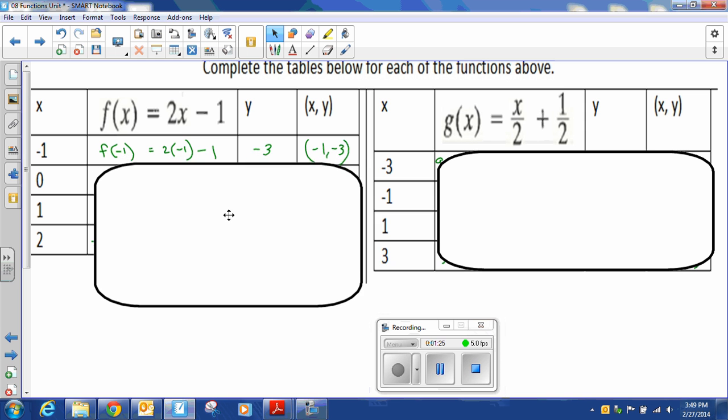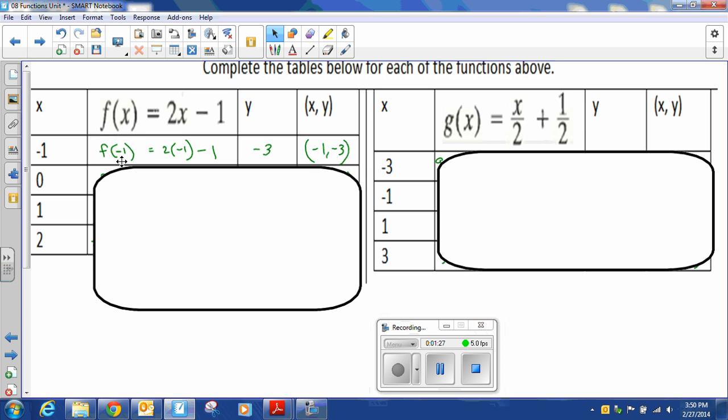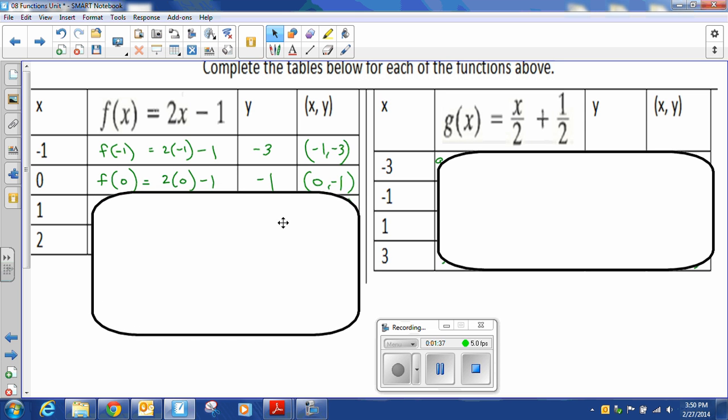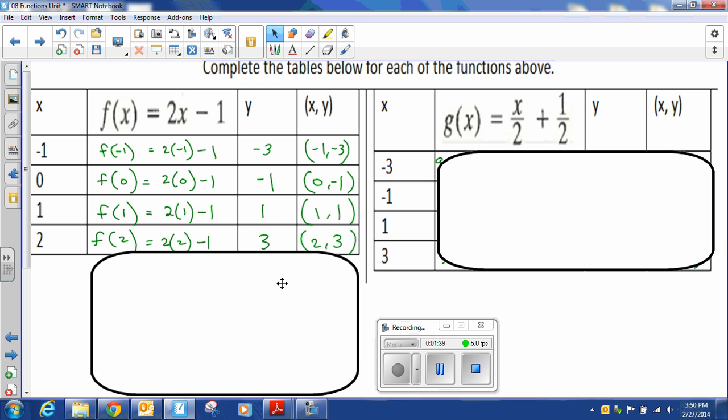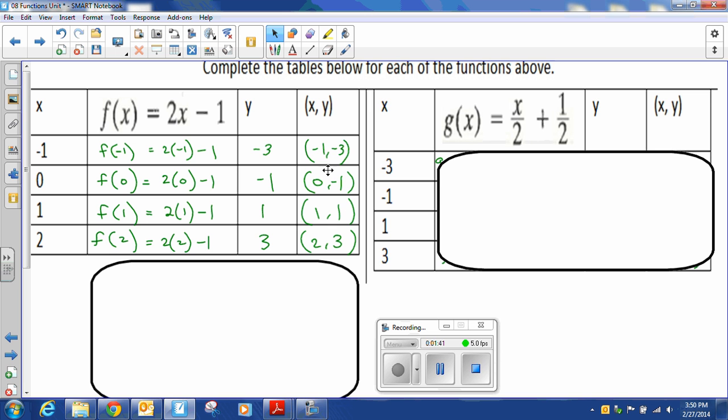So as you can see, for the first one we have -1, which when we multiply by 2, we get -2 minus 1 is -3. Our ordered pair is -1, -3. Once you work out all the other ones, you end up with this as your ordered pair.